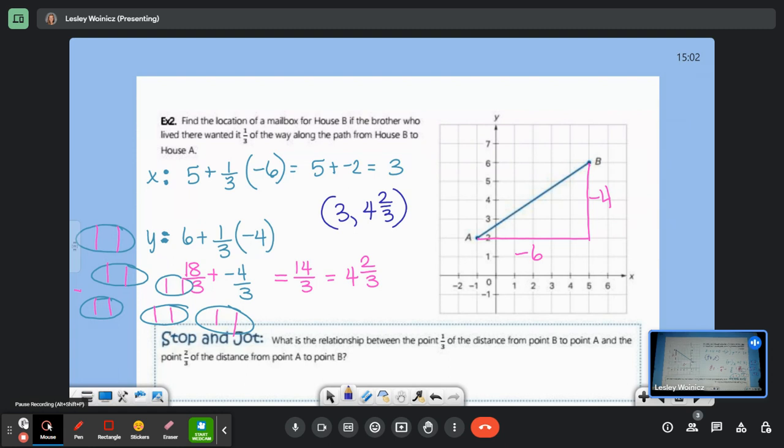Okay, everybody else can think about the stop and jot. What is the relationship between the point 1/3 of the distance from point B to point A and the point 2/3 of the distance from A to B?